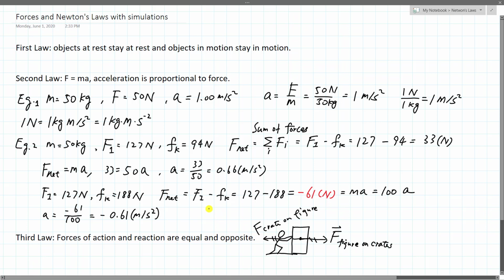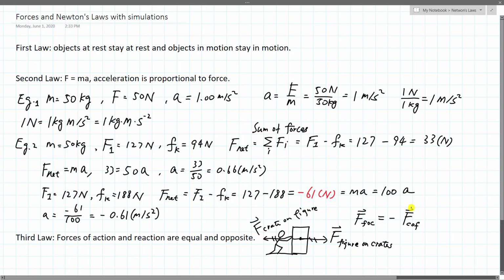That's not the case. What this case is, the crate feels force from the figure, and the figure feels force from the crate. So if I call these forces by their shortened subscripts, F on crate is the same as negative F of crate on figure. So that's what Newton's third law is.